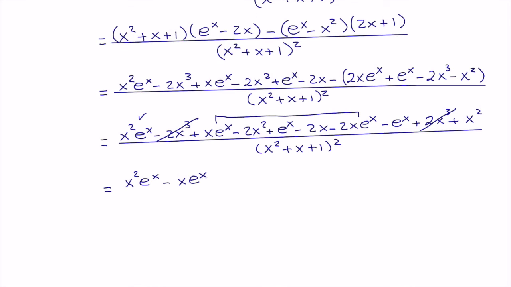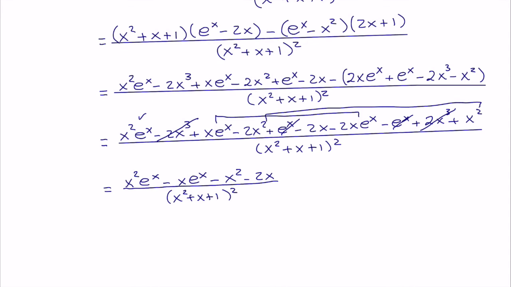Negative 2x squared can be combined with x squared here: minus x squared. Then e to the x and negative e to the x cancel out. And the remaining one is negative 2x, over (x squared plus x plus 1) squared. And that's it. Thank you.